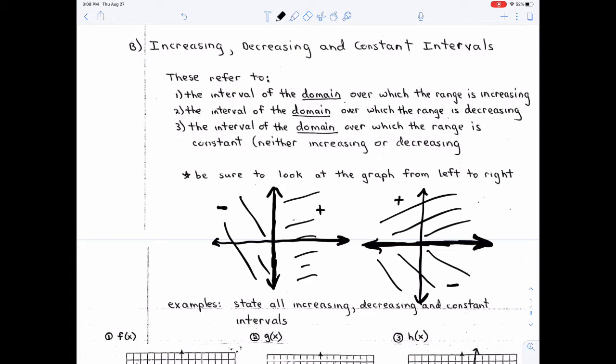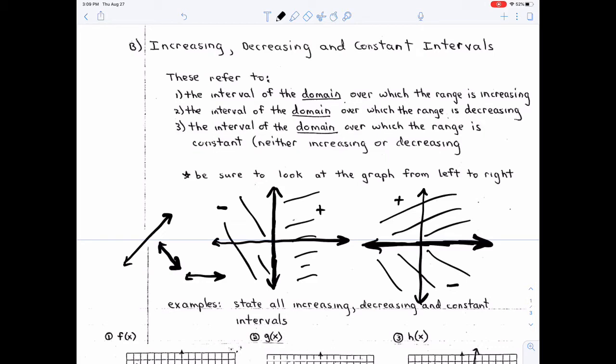Yeah, you can increase left and right, but when you think of a graph increasing, you think of it going up. Decreasing, you think of it going down. Being constant, you think of it as being flat. That's up and down. That's how you tell if something's increasing. Now, here's the hard part. What's the interval, though? What's the increasing interval, the decreasing interval, and the constant interval?